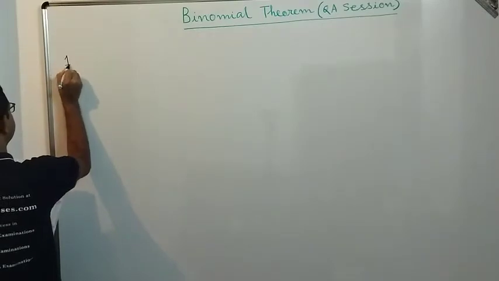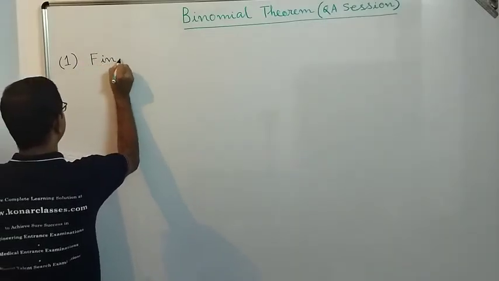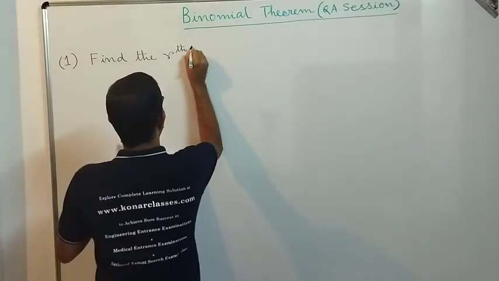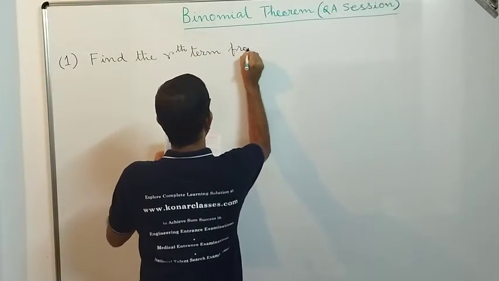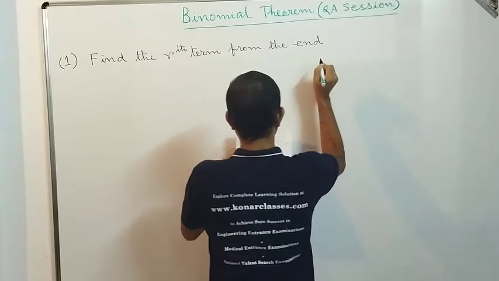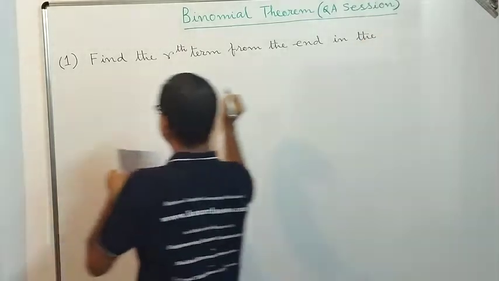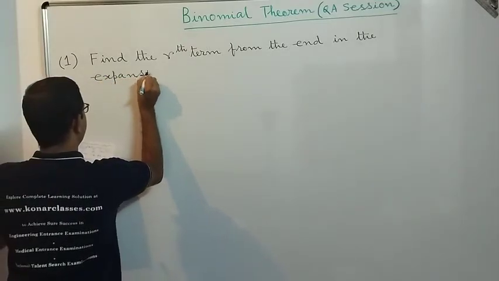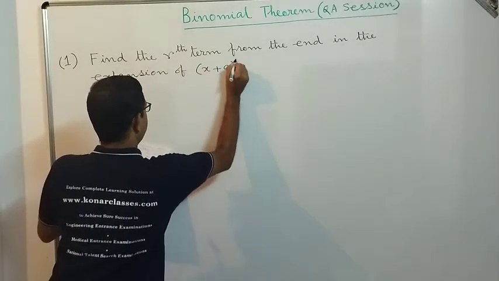The question is that, find the rth term from the end in the expansion of (x plus a) power n.